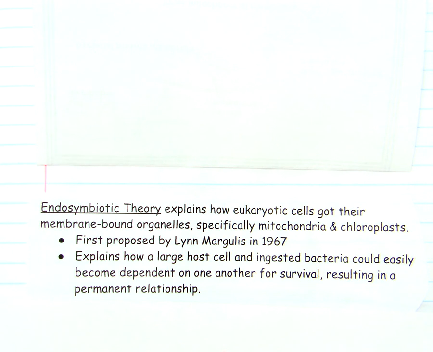Dr. Margulis took research from a lot of different scientists, not just her own, to develop this theory. It explains how a large host cell and an ingested bacteria could easily become dependent on one another for survival, resulting in a permanent relationship.